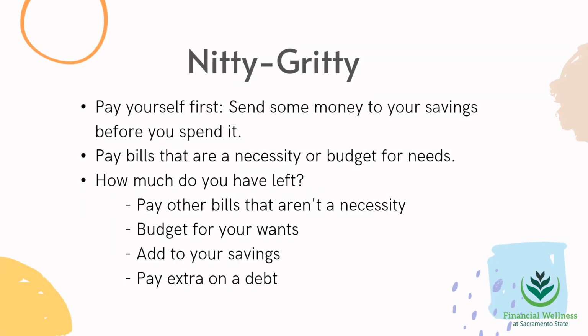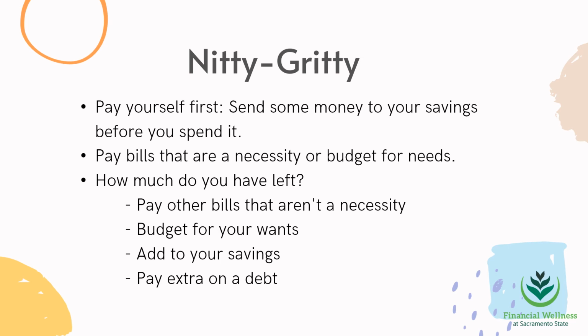So now that we've tracked our expenses and we've tracked our income, we can kind of get into the nitty-gritty. This is kind of the fun part. So you want to pay yourself first. So set aside an amount that you want to send to your savings every month. Pay bills first that are a necessity or budget for the needs. So make sure you have some money budgeted for things like rent and groceries.